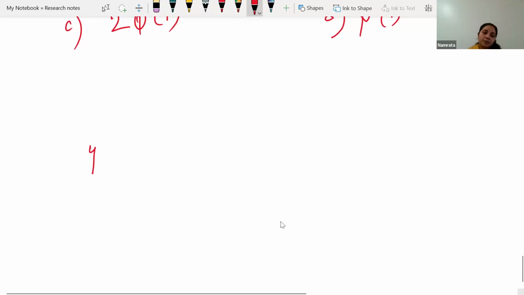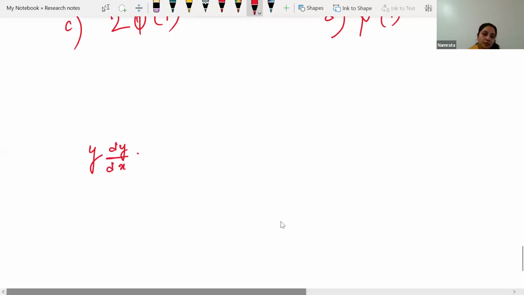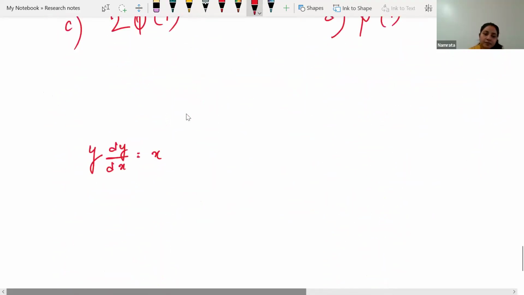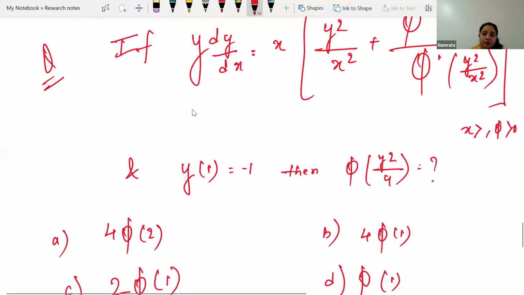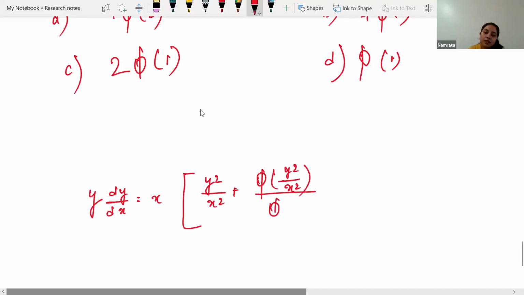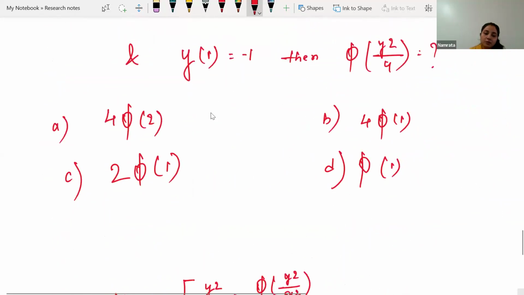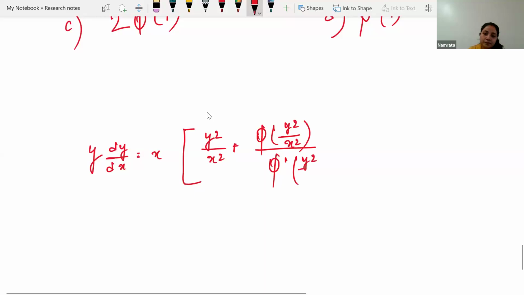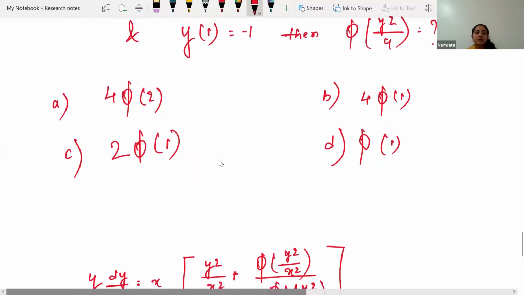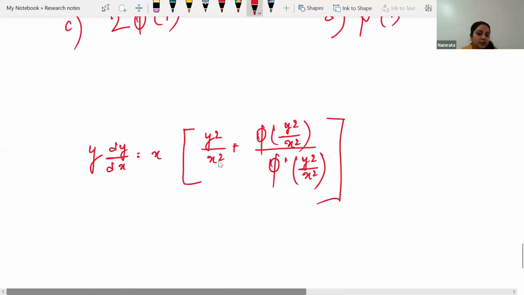So we have y dy/dx is equal to x times y square by x square plus phi of y square by x square over phi dash of y square by x square. Here we have phi of y square by x square, phi dash of y square by x square, here also y square by x square.